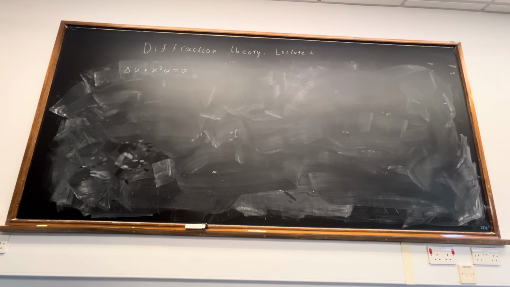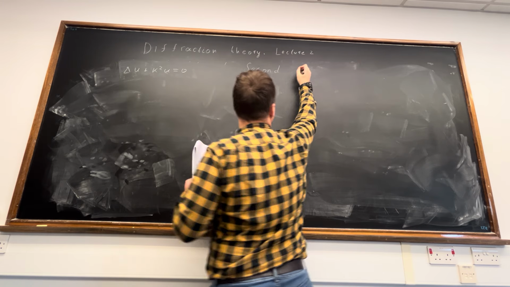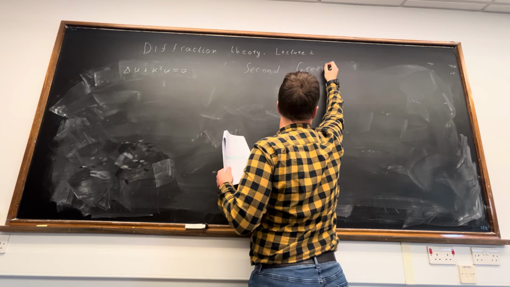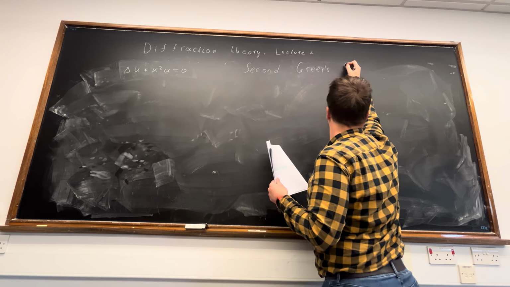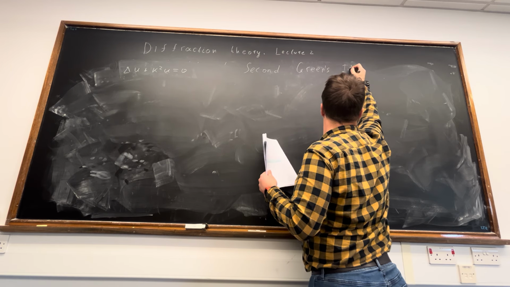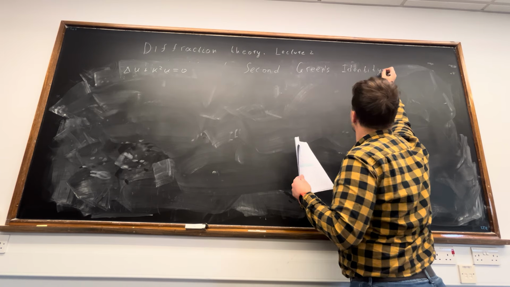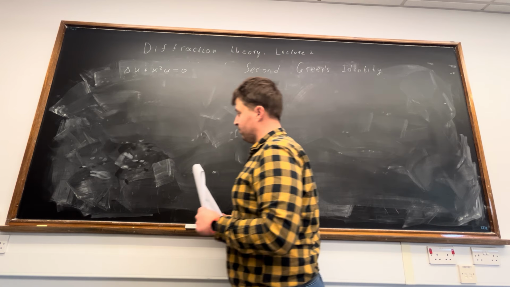And the most important tool is called the second Green's identity. I have a feeling that in Britain it has a different name, but that's how I was taught to call it.